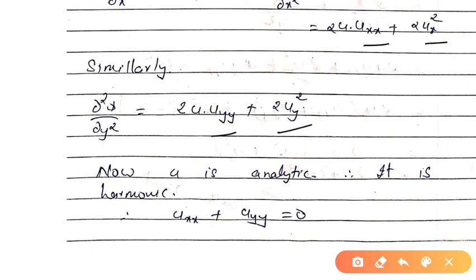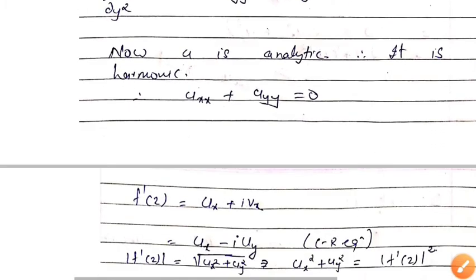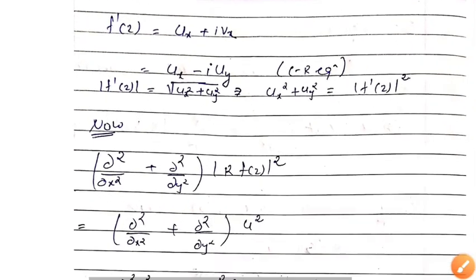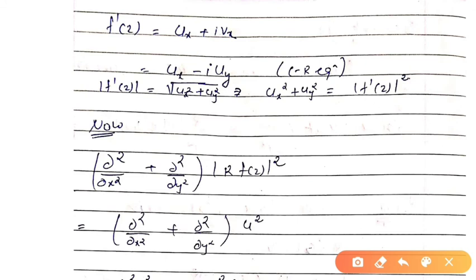Now we know that the function is analytic, therefore it is harmonic. So we can write uxx plus uyy equal to 0. Now again, in the Milne-Thomson method we have learned that f dash z can be written as ux plus ivx, and also by the CR equation you can write ux minus iuy.